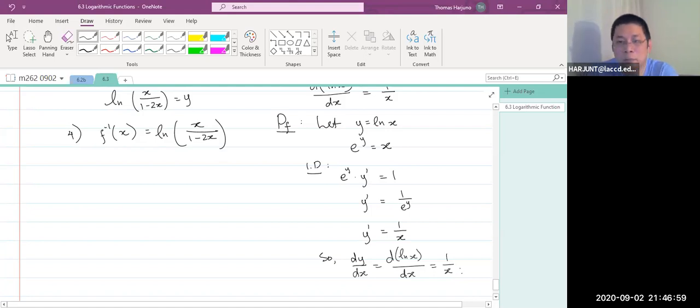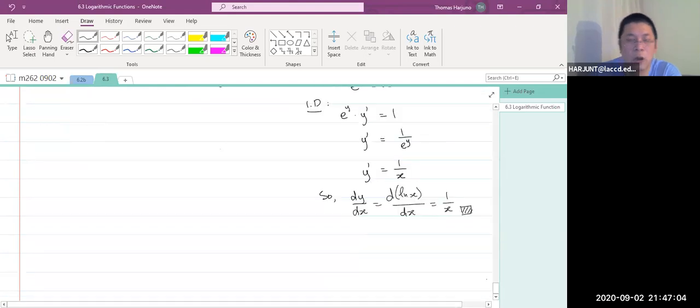Okay, that's the proof. Now, the consequence is a lot though. From here, we open a very, very big case. Basically, the big consequence directly is that the derivative of natural log of u with respect to x is 1 over u times du/dx.